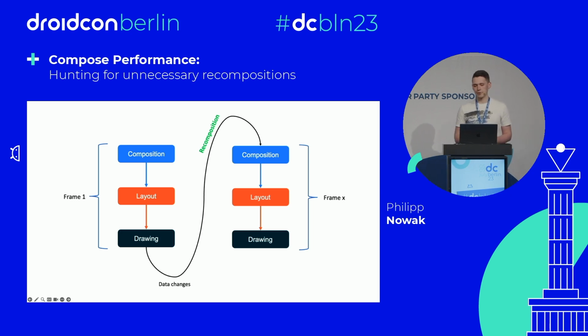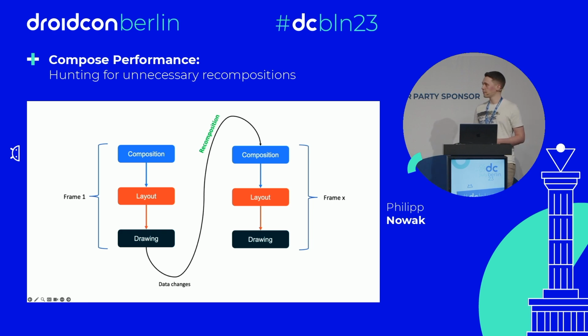In some situations, it is not that easy for Compose to decide if all rules are fulfilled and the phase can be skipped. In those situations, Compose runs the questionable phases rather than risking inconsistent states. But we as developers can help Compose to better understand if a particular phase can be skipped, and this is what we are going to look at during this talk.